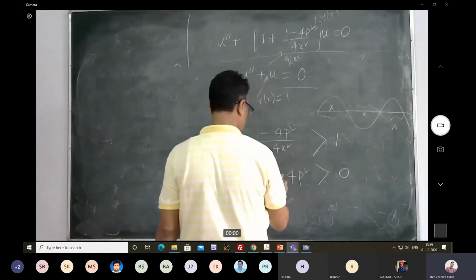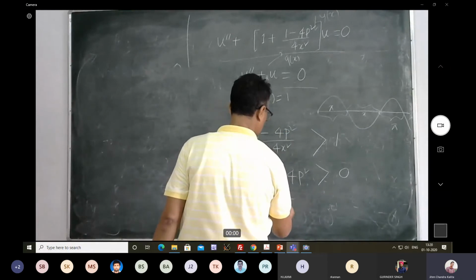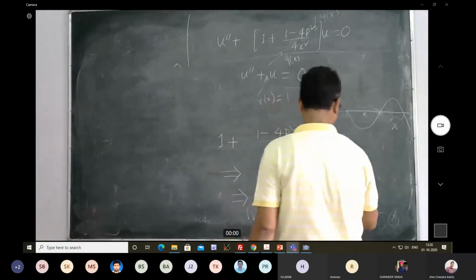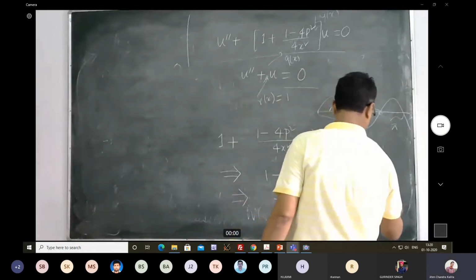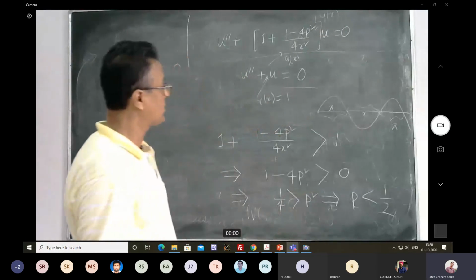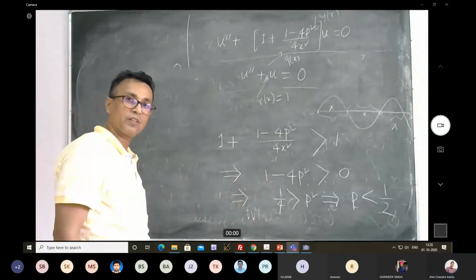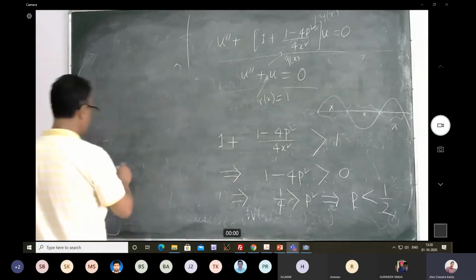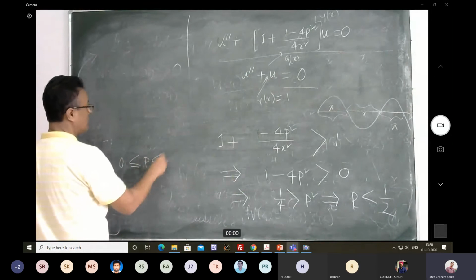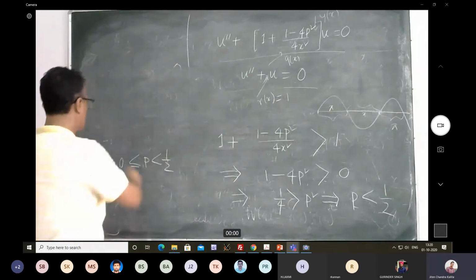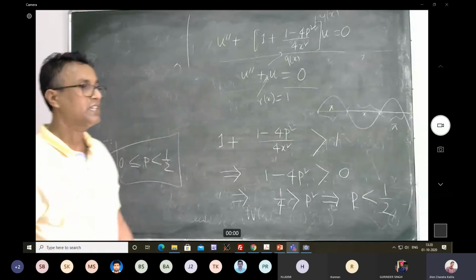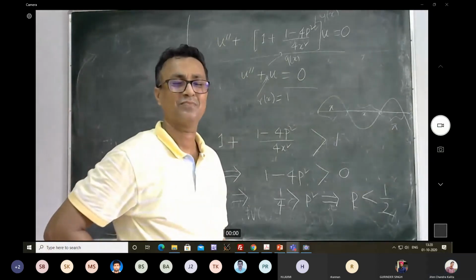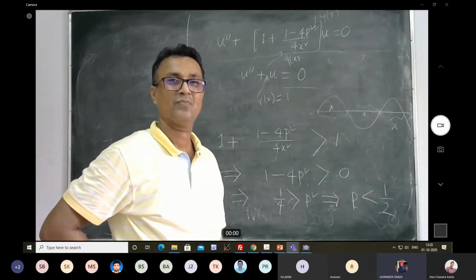Of course, I'll tell you one thing: if I consider only positive p, then definitely for values of p lying in this interval, what can you say? The second one has more number of zeros.